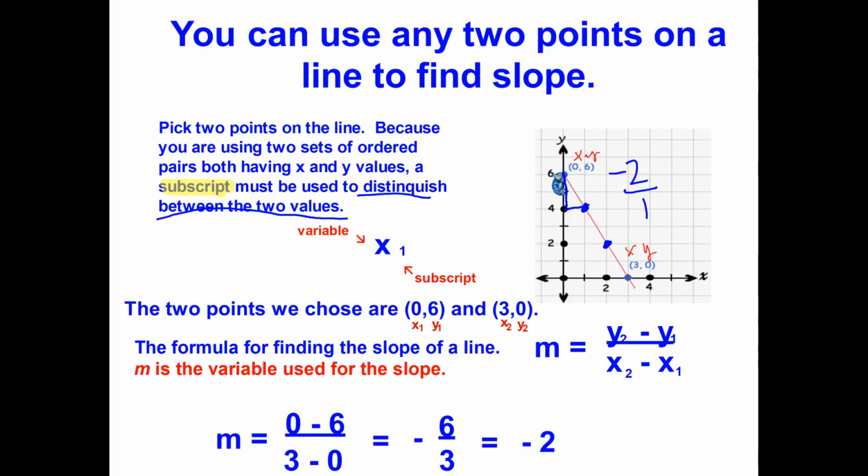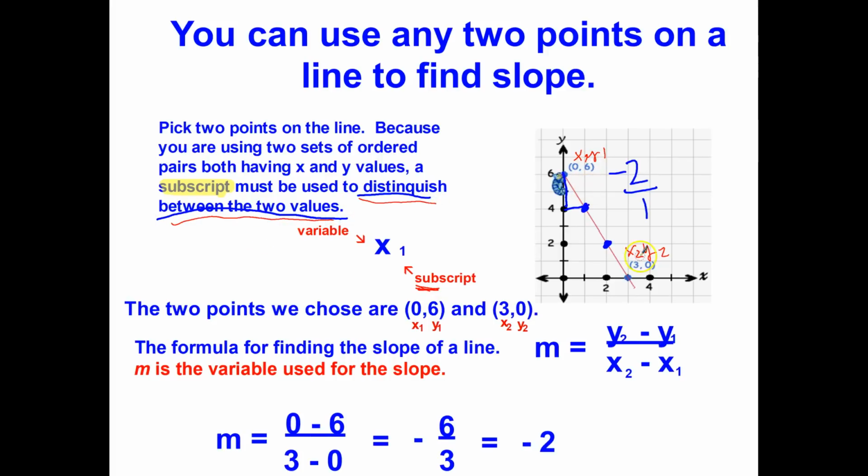So if I want to talk about (0, 6), well, (0, 6) is an x and a y. I'm going to call this the first ordered pair. So I'm going to say this is x sub 1, y sub 1. This is x sub 2, y sub 2. Sub is for subscript, and the only reason we use subscripts is to distinguish between the two values.